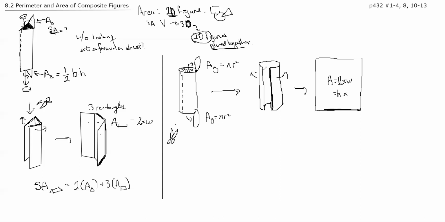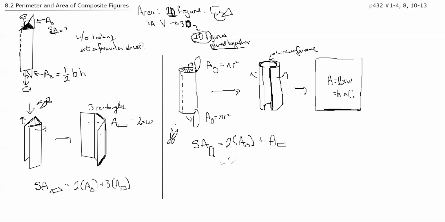It happens to be the rim of the circle, in other words, the circumference, or C. So what is the surface area of a cylinder? It is 2 times the area of a circle plus the area of the rectangle.